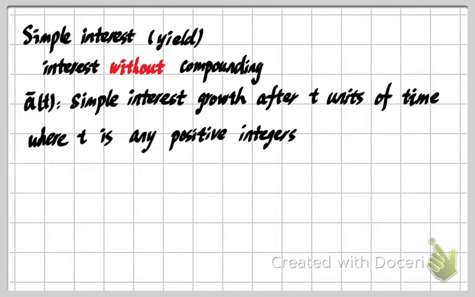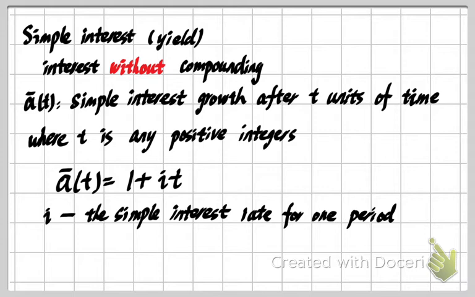For simple interest, the formula is actually much simpler compared to the compound one. Here a-bar(t) is equal to 1 plus i times t, where i is our simple interest rate for each unit of time, or each period. So this is what we have for the simple interest growth.